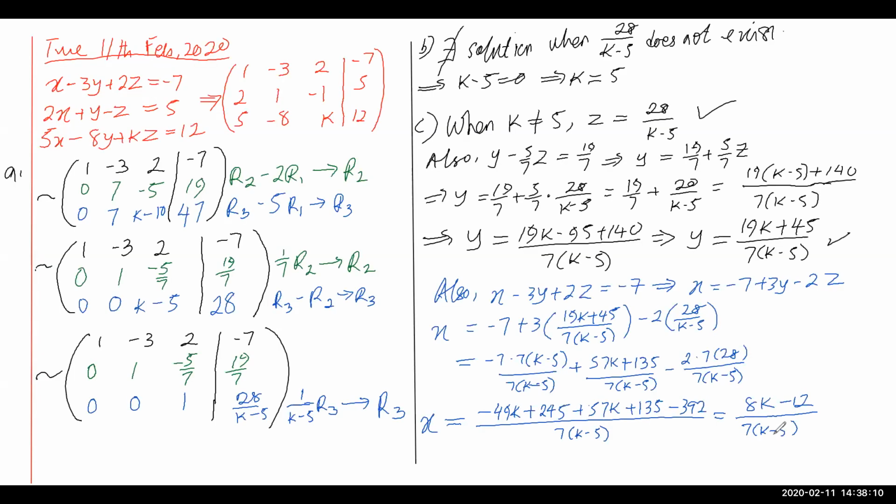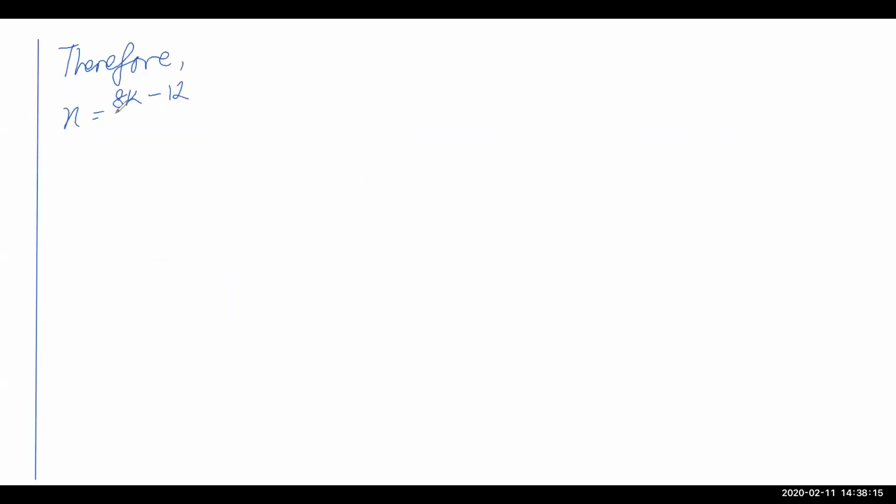Therefore, x equals 8k minus 12, divided by 7 brackets k minus 5. Somebody says something, I'm going to check the chat now.